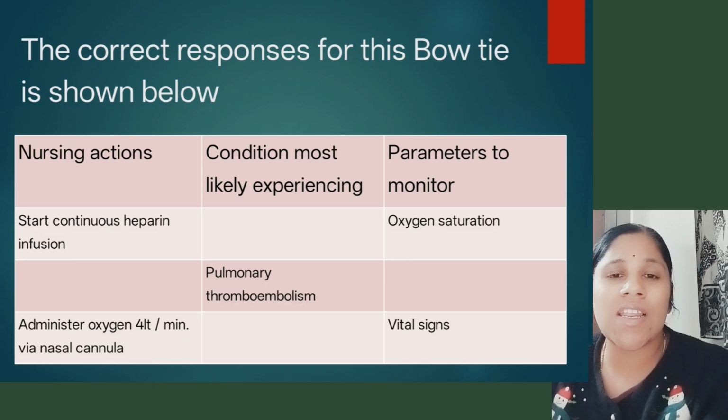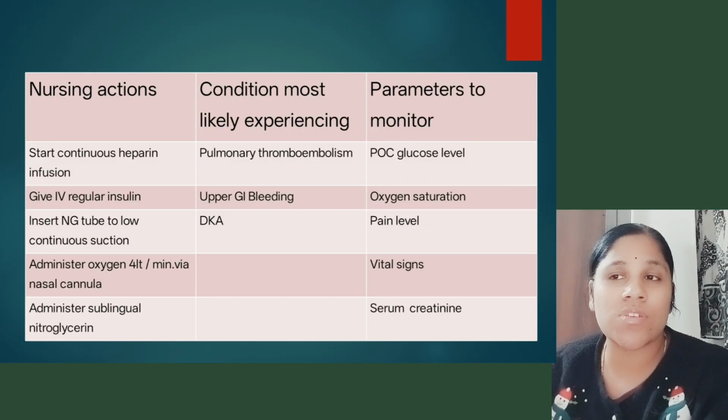Although the client has an elevated blood glucose level, there is no indication of diabetic ketoacidosis. Therefore, the IV insulin is not the correct option here, and it is not necessary at this point of time.